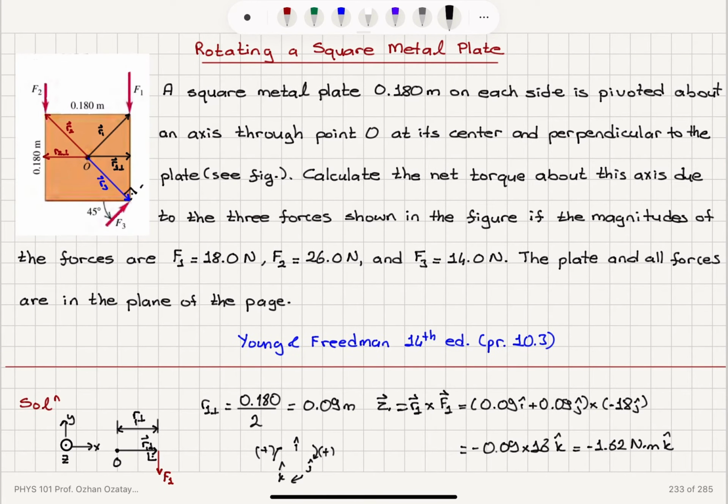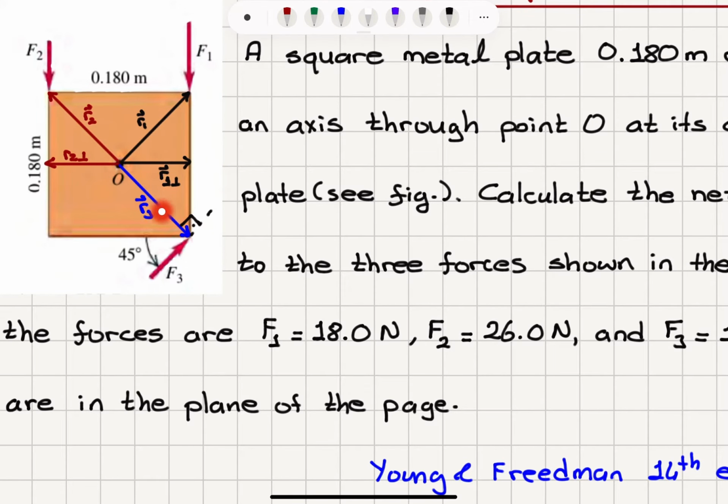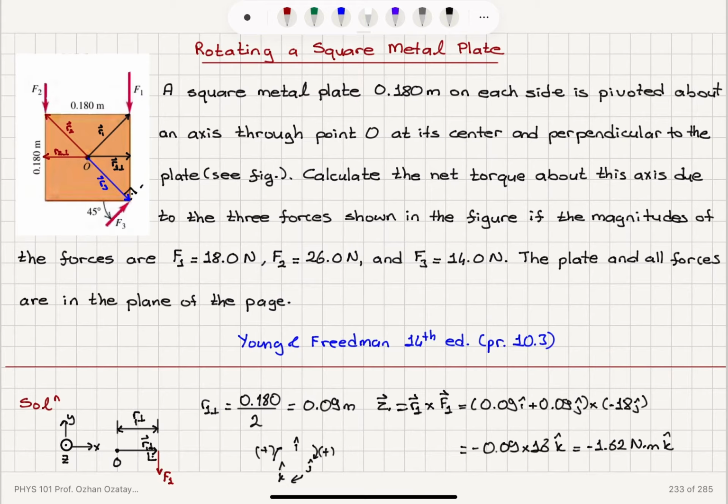Now let's move on to the third force. Third force application point has a position vector R3 with respect to the pivot point, which is at minus 0.09 j hat plus 0.09 i hat. So those are the components.